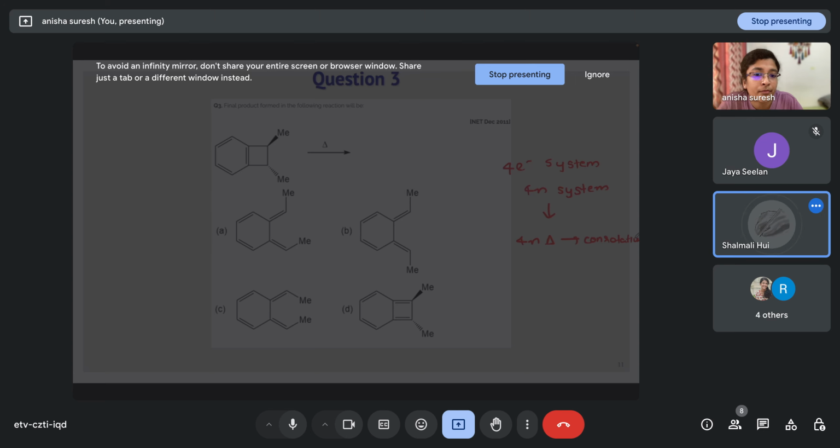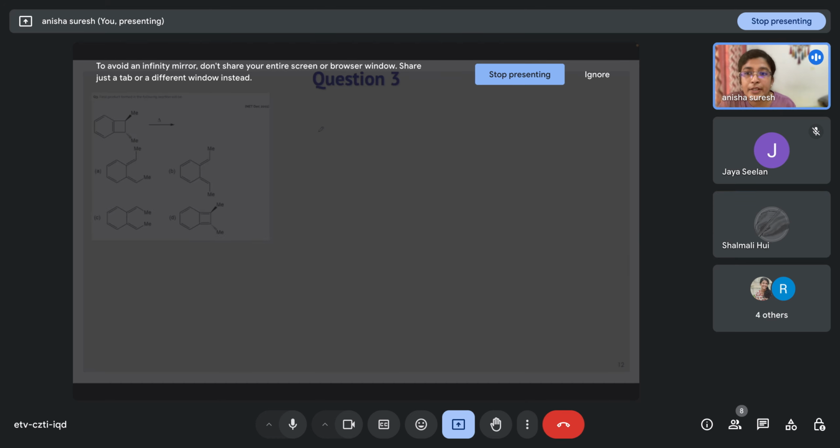It will be B, and C will also be there. Conrotation can be either clockwise or anti-clockwise, so B or C. So it will be like this. Under thermal condition, if we are rotating it in clockwise fashion, this bond which is above will go outside.